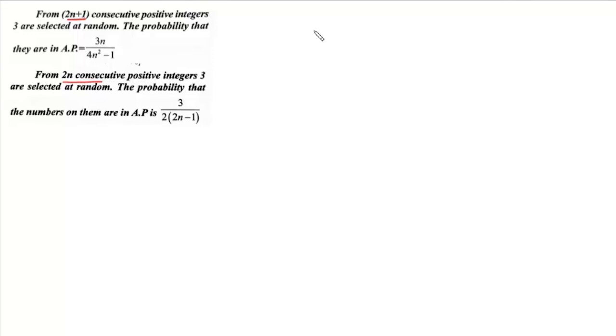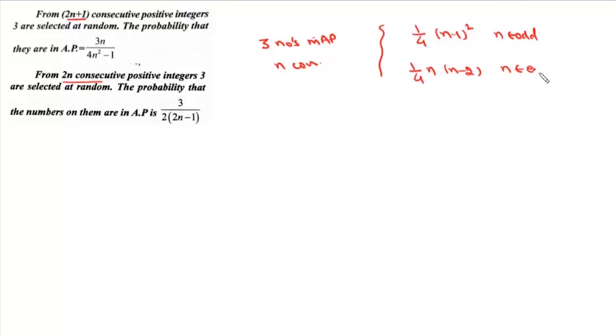Now in one of the previous videos on permutations and combinations, we have already studied that if we have to choose 3 numbers in AP from n consecutive integers, then the number of ways will be (n minus 1) whole square by 4 if n is odd, and it will be n into (n minus 2) by 4 if n is even.